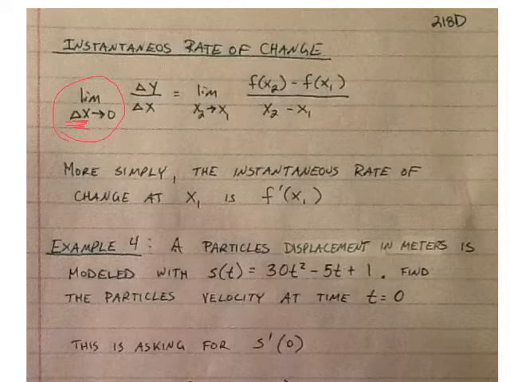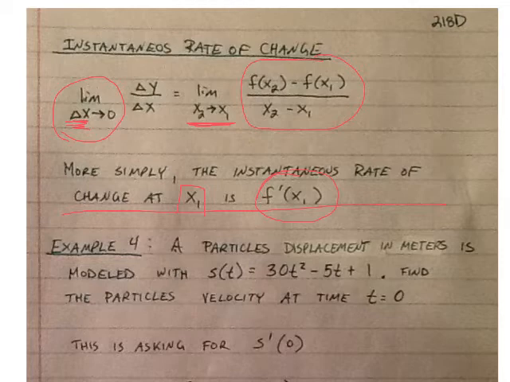Alternatively, you could say the limit as x sub 2 approaches x sub 1, and this is kind of your secant formula. Most commonly, the instantaneous rate of change at a value is f prime of that value. So we can use whatever definition for f prime that we want.